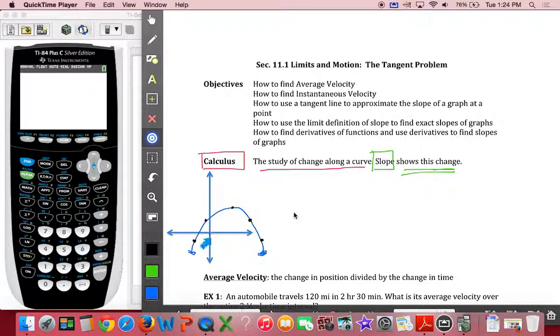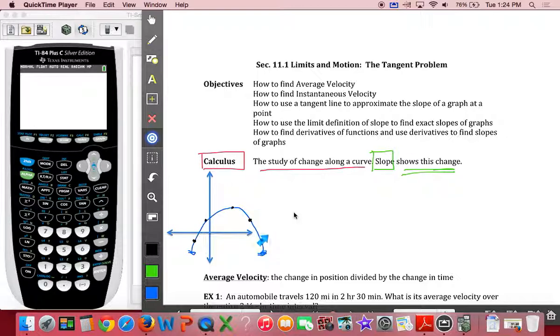You've never been asked to find the slope of a curve, ever. And so we're going to actually use tangent lines to find the slope of this curve, but the slope of this curve changes depending upon where you're at on the curve. The slope at this point is different than the slope here, is different than here. It's different at every point along this curve.